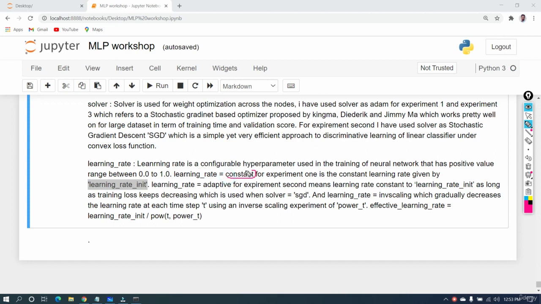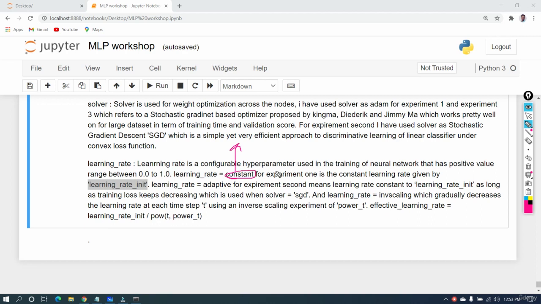If you put constant, it is going to stay constant at some value. If you put the learning rate as adaptive, then until and unless the loss is decreasing, it will be constant. But whenever the loss stops improving, say after going to some point the loss increases again, at that point there will be adaptation.